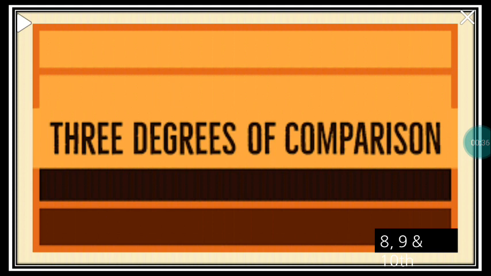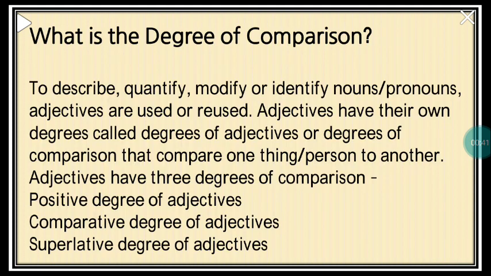Now let us see what degrees of comparison are. What is the degree of comparison? Well, degrees of comparison are used to describe, to say something more about, in order to quantify, to modify, and to identify nouns, pronouns or adjectives.